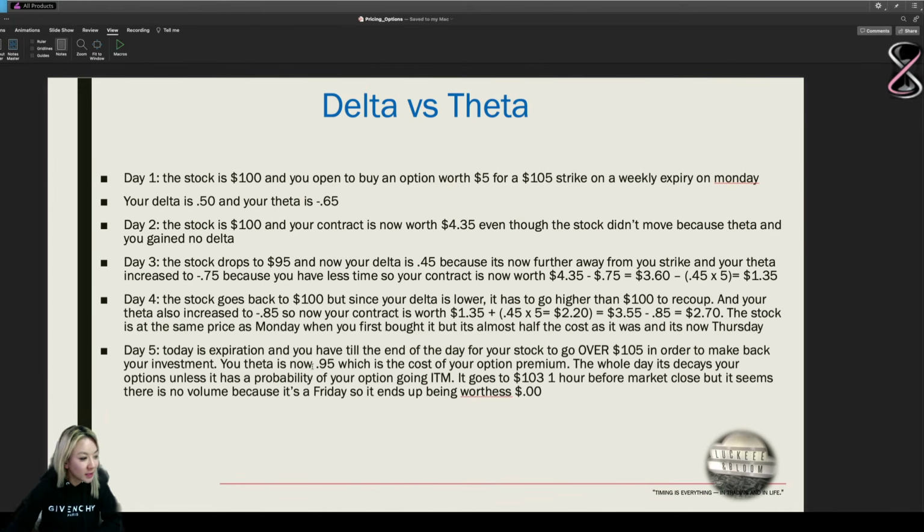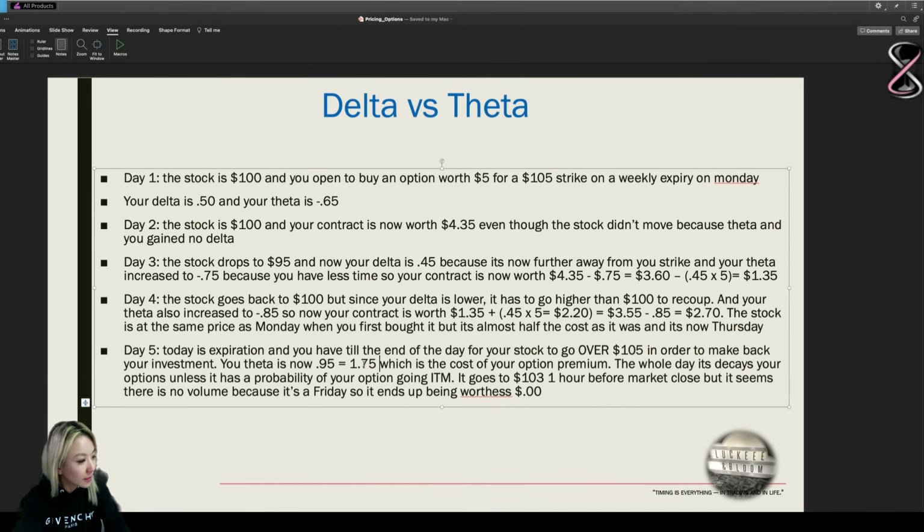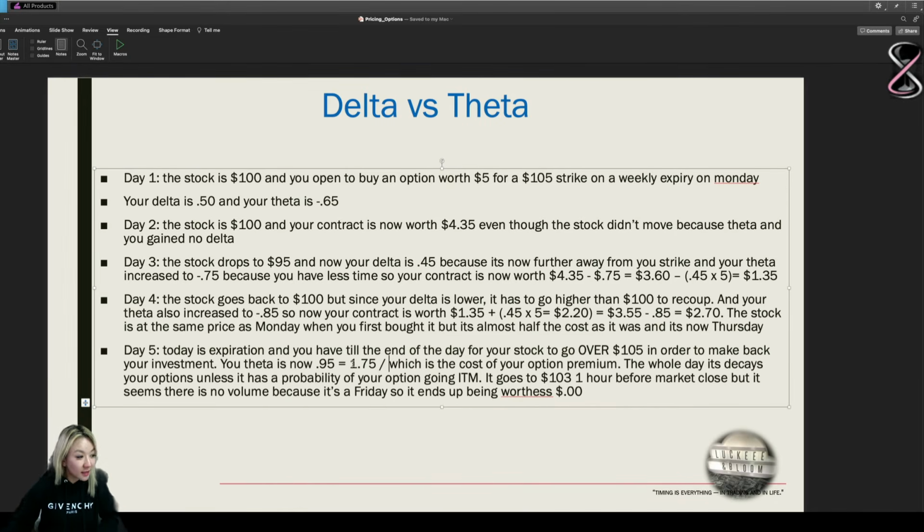Your 2.70 starts off at 1.75, because you just lost more time decay, and whether the stock opens up or opens down is going to determine whether it becomes worthless by the end of the day.